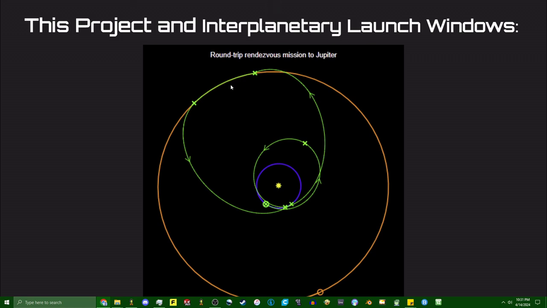Then from there, whenever the mission's done, it would burn to leave Jupiter and come back to Earth. I chose the trajectory in a manner where the re-entry velocity back at Earth would be lower than some other potential trajectories, some other missions.